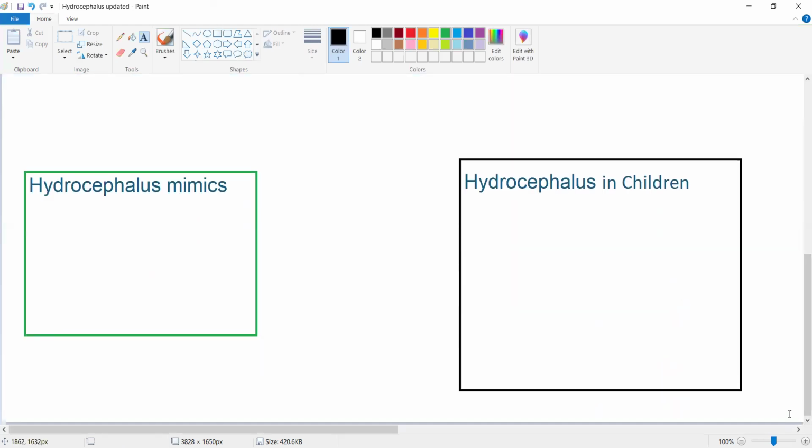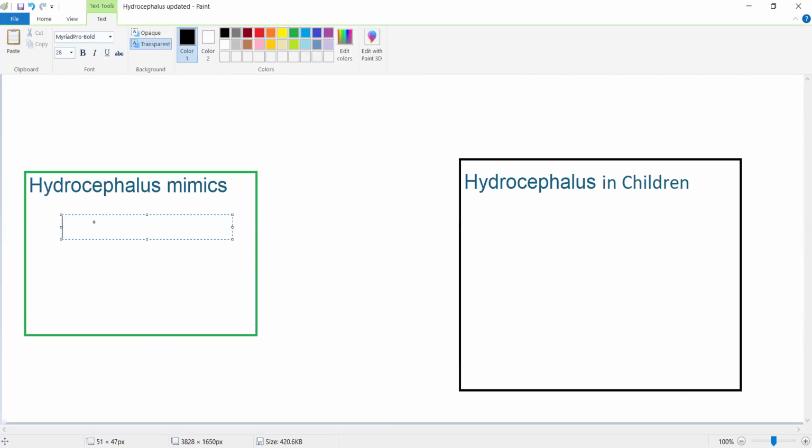Okay, so there are conditions that mimic hydrocephalus on imaging. On imaging, you find an increase in CSF, but this CSF is not due to hydrocephalus.